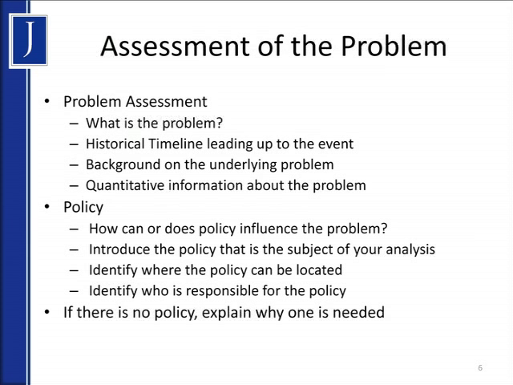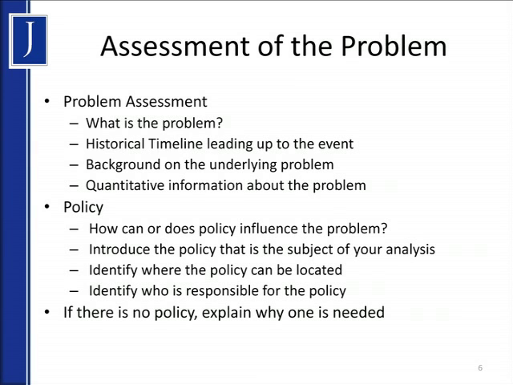The second section of your capstone project is the assessment of the problem. It needs to include a problem assessment and a policy assessment. In the problem assessment, you examine what the problem is. Why did the action-forcing event happen? How did we get to the current situation?